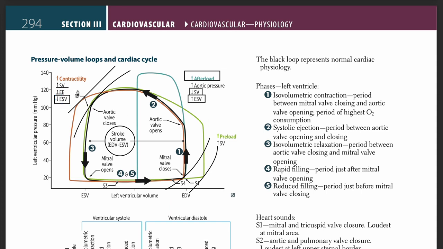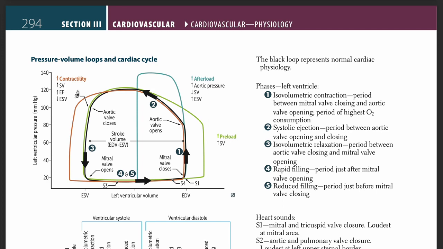Okay, now that that's done, we can move on to the heart sounds. So ideally you have two heart sounds, right? In kids and athletes, you might have three. Okay, so the first heart sound is lub, and then comes the dub. So the lub is the closing of AV valves. So those are your tricuspid and mitral valves. So mitral valve, when it closes, here we can see that it's S1.